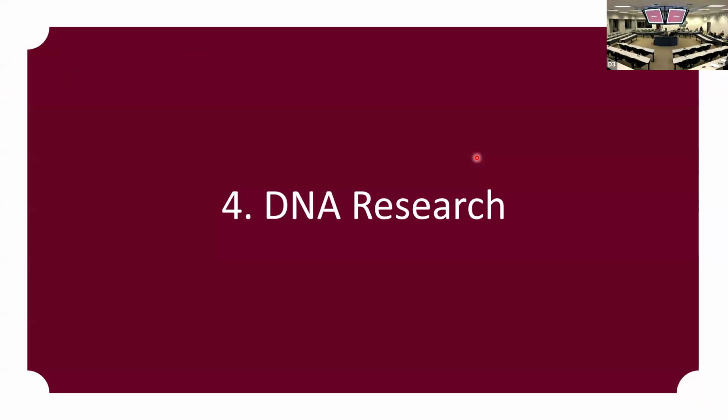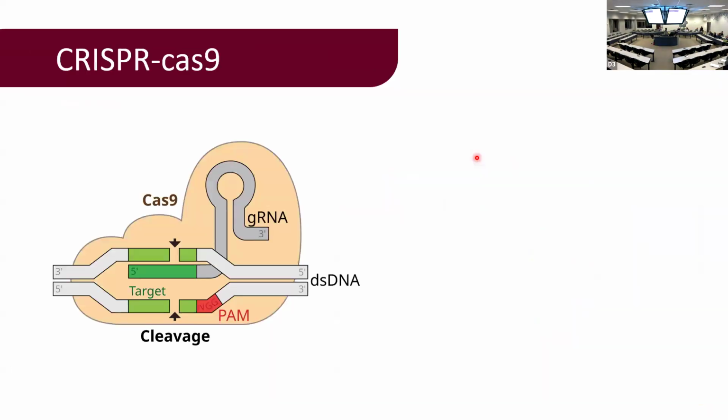Talking about our DNA research, CRISPR-Cas9 is a technology that allows us to edit our DNA. It's not being used in humans as we know so far, because it can be really helpful and it can be really harmful. For example, how this works is that we have this protein Cas9 that comes and reads the entire DNA.